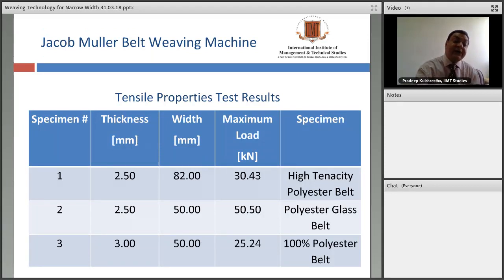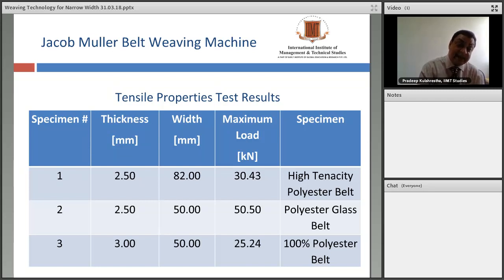See this, a 2.50 thickness belt made from high density polyester, 82 millimeter wide, can take 30.43 kilonewton weight, while a 50 millimeter wide belt of thickness 2.50, weft is polyester, warp is glass, can sustain 50.5 kilonewton load capacity.